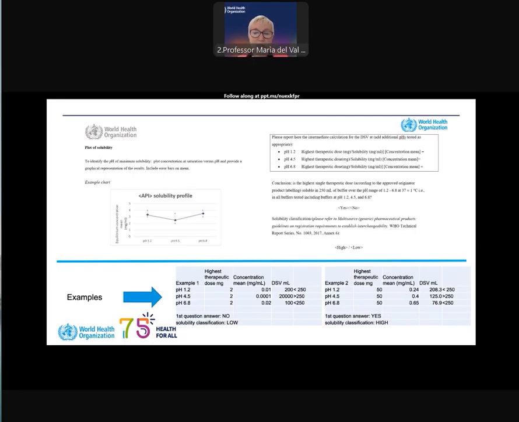It has to be less than 250 milliliters at the 3 pHs in order to consider that the API is classified as a high solubility substance.